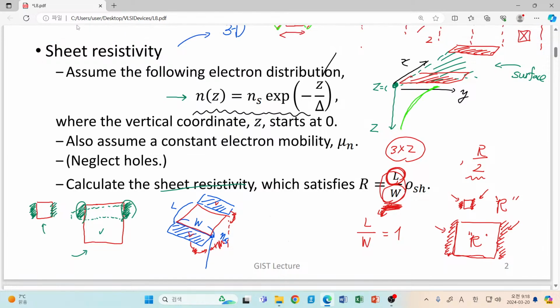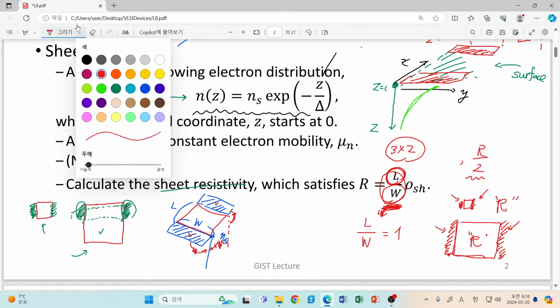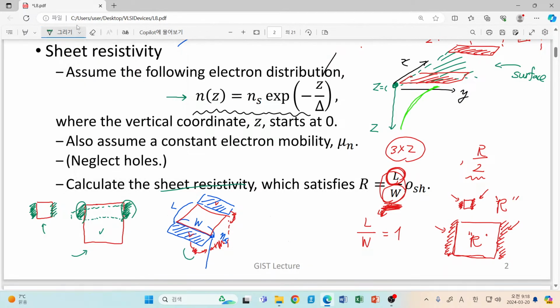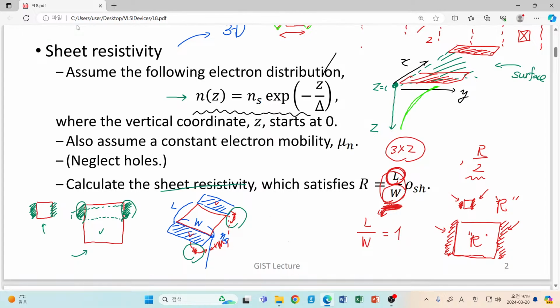But what I wanted to say is, when we talk about sheet resistivity, it does not consider any contribution from these contact access resistances. This sheet resistance simply considers only the contribution from your square.